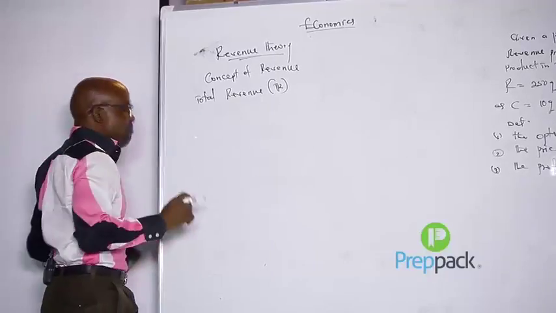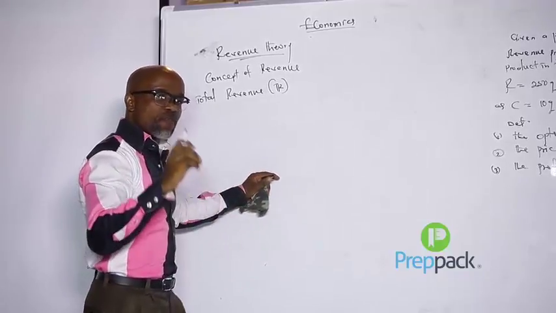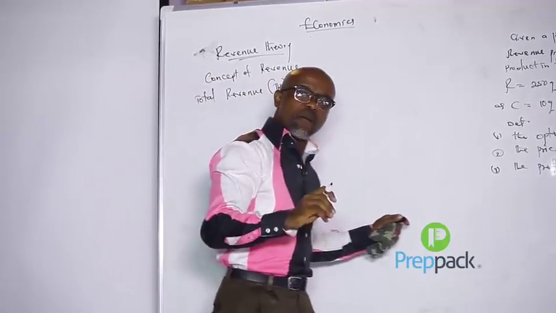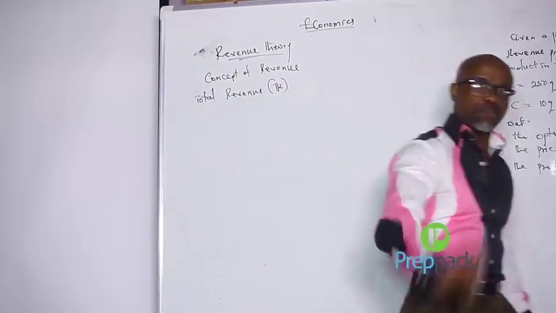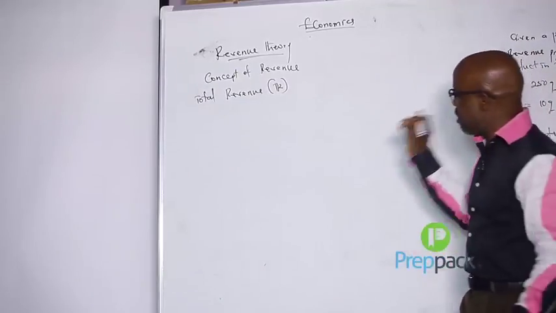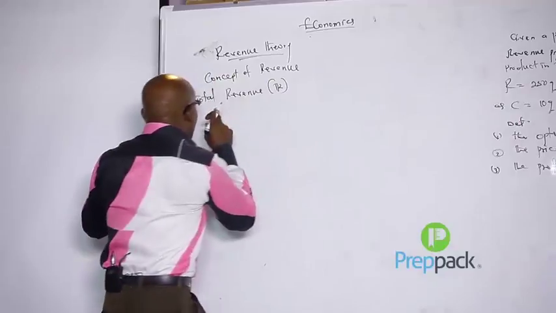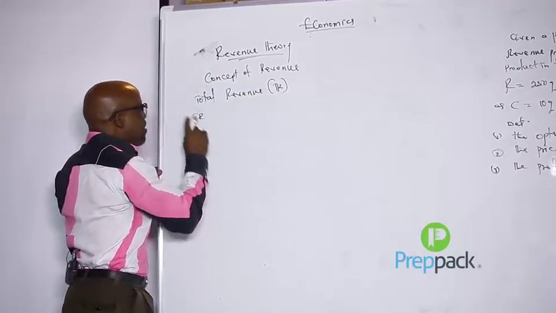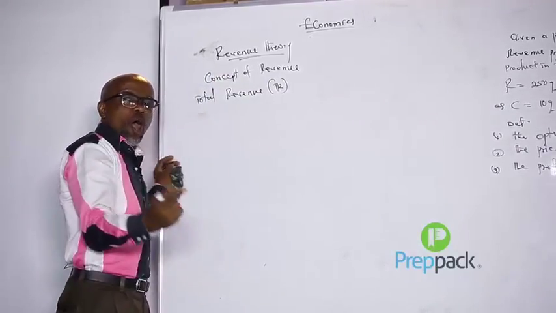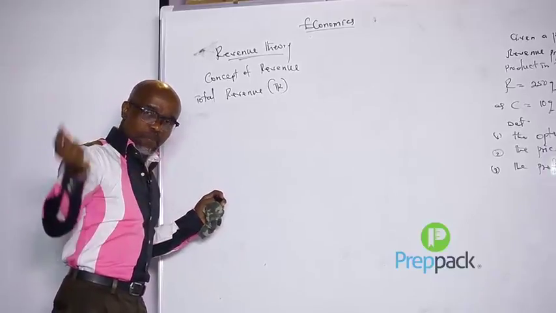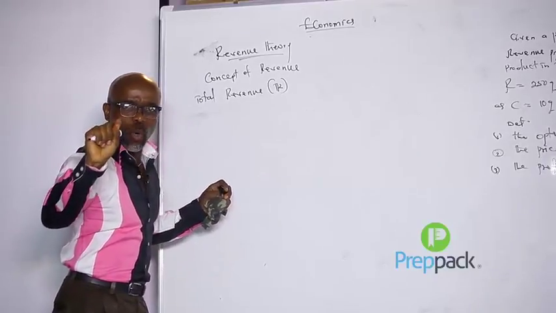We said total revenue is the total amount of income accrued to a firm from the sale of its products. You must always remember that a firm's total revenue, TR, is obtained by multiplying the price times the quantity.